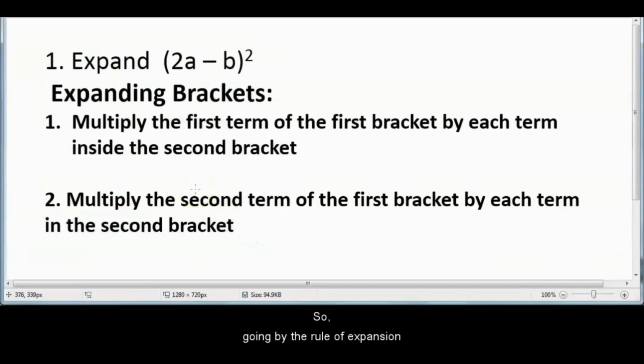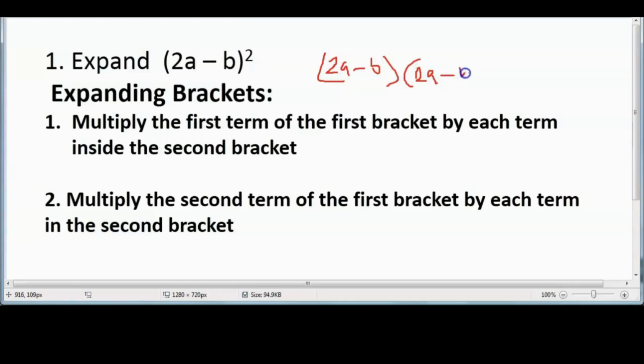Going by the rules of expansion, we multiply the first term of the first bracket by each term inside the second bracket. The expression has been reduced to (2a − b) with another (2a − b).